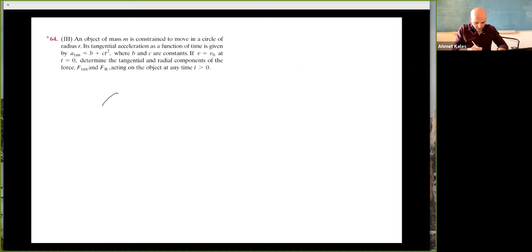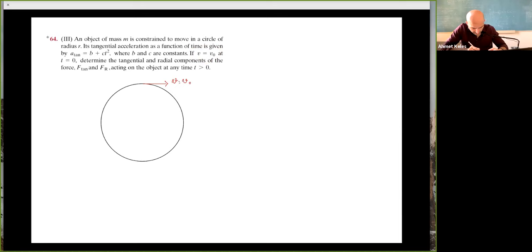So this is a circular motion. Let's draw a circle. It starts with this object, and I think we can put it anywhere, but I'll put it here. And this is v equal to v naught. And that's not the only thing. There is also some tangential acceleration.